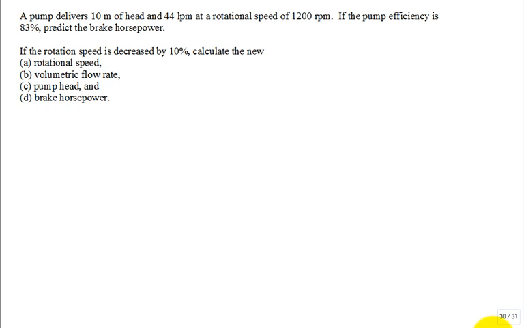A pump delivers 10 meters of head at 44 liters per minute at a rotational speed of 1200 RPM. If the pump efficiency is 83%, predict the brake horsepower. So how do you calculate the brake horsepower?